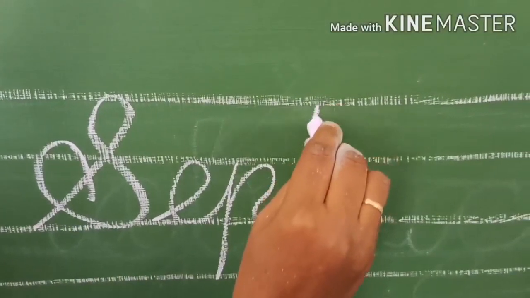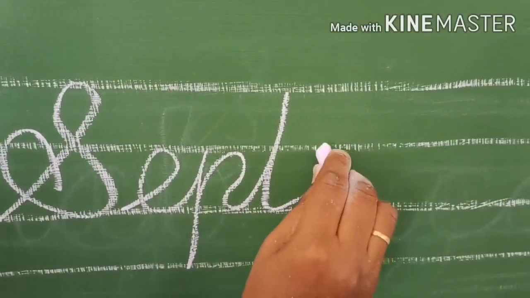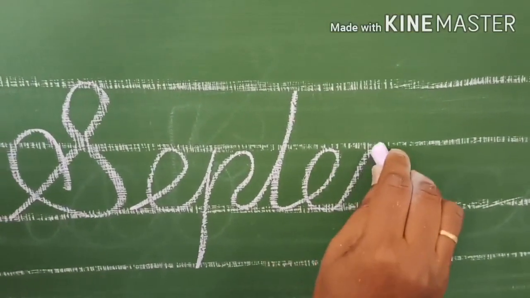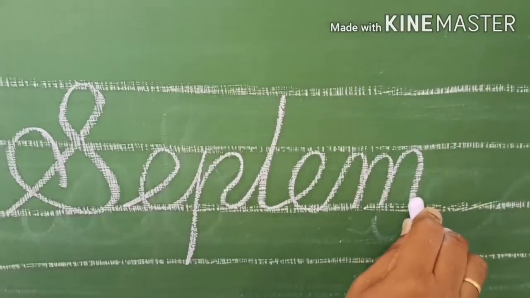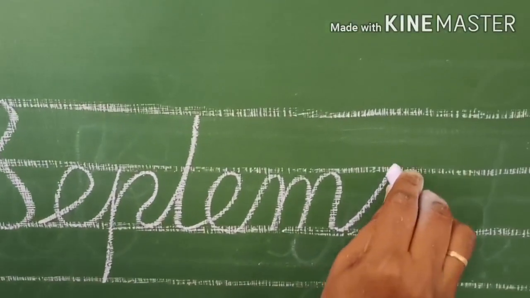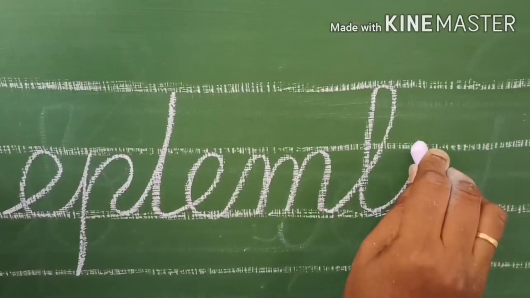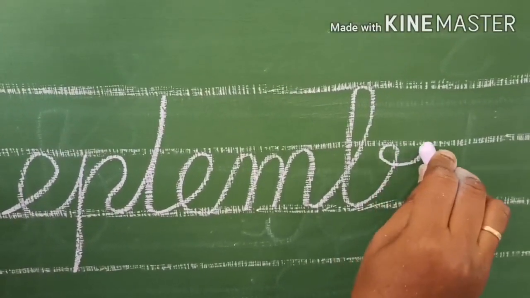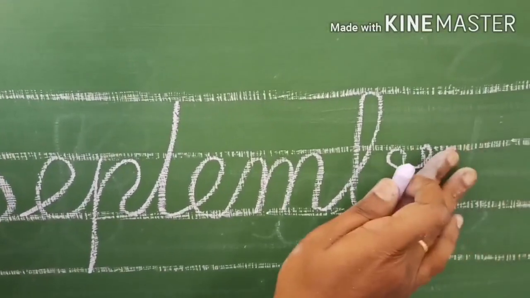T, you should touch the top line, middle line and base line. E, you should touch the middle line and base line. M, you should touch the middle line and base line. B, you should touch the top line, middle line and base line. E, you should touch the middle line and base line. R, you should touch the middle line and base line.